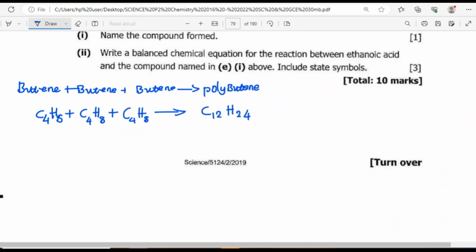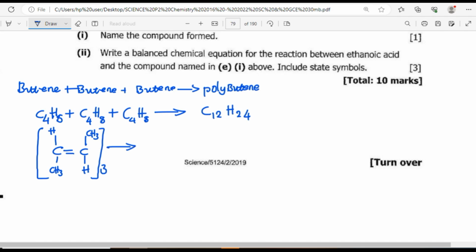The monomer is butene. So this will be our monomer. Now since we are told 3 repeating units, let's put 3 here.